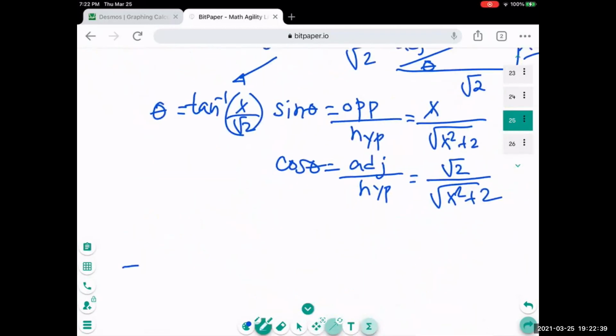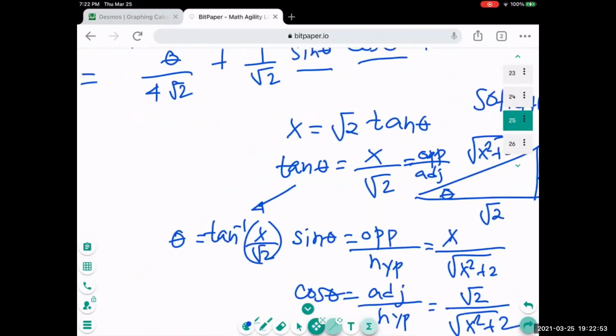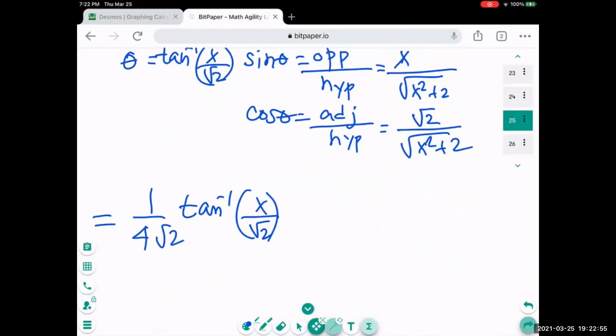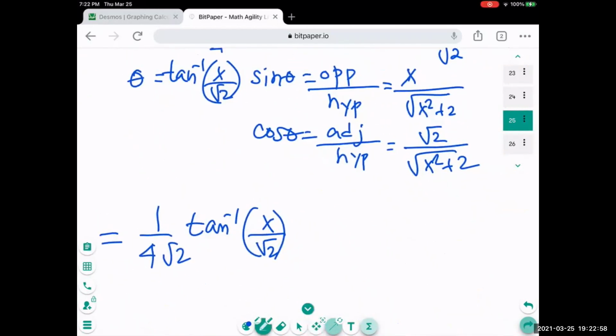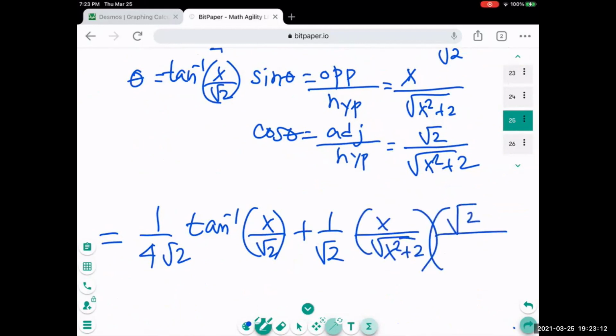So this would be 1 over 4 square root of 2 arctangent of x over square root of 2, right? What else? And then 1 over square root of 2 plus 1 over square root of 2 times sine theta, which is x over square root of x squared plus 2, and then our cosine, square root of 2 over square root of x squared plus 2, and then plus c, right?